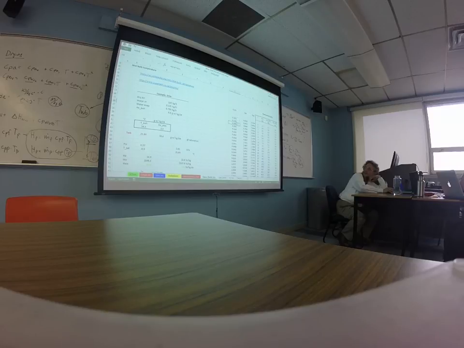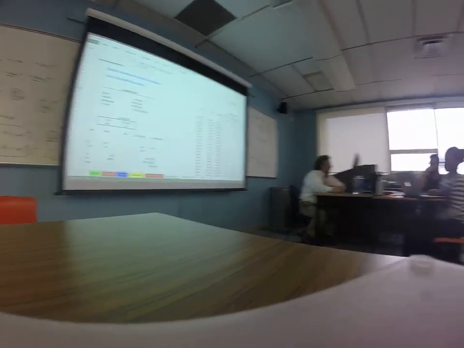So they just multiply, and then here is the same calculation that we did a moment ago, you see? It is the partial pressure divided by the atmospheric minus partial pressure, multiplied by the molecular weight of water divided by the molecular weight of air, multiplied by 1,000. That's how it calculates the moisture content.